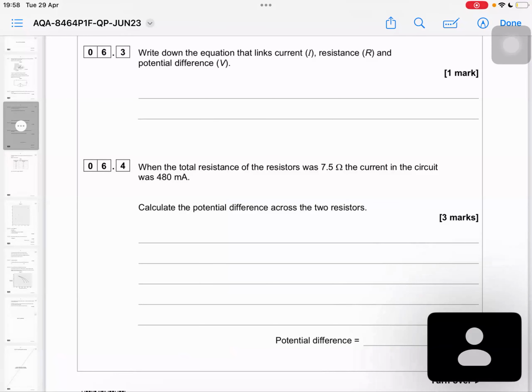Okay, so that's the answer in voltage. So please take note: sometimes the values that we are supposed to use for our calculations, we have to convert them to their standard units before we use them. This is an example of such. So always remember to do your conversions.